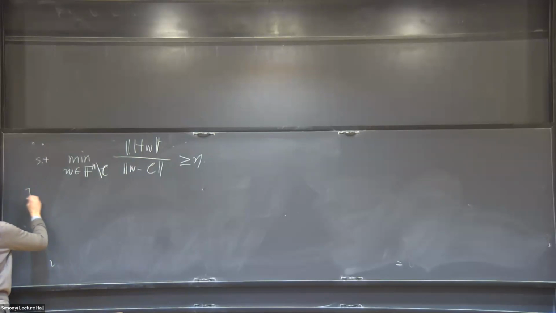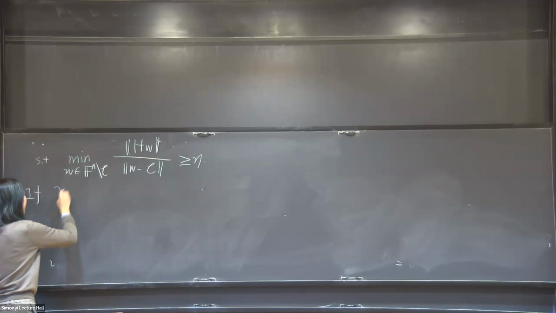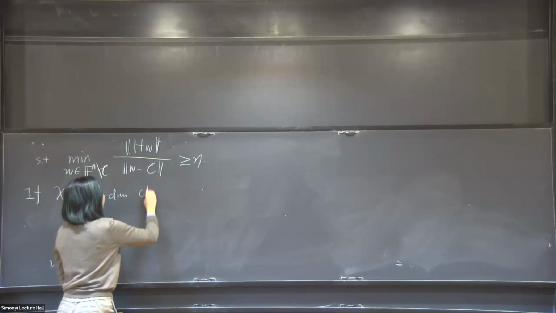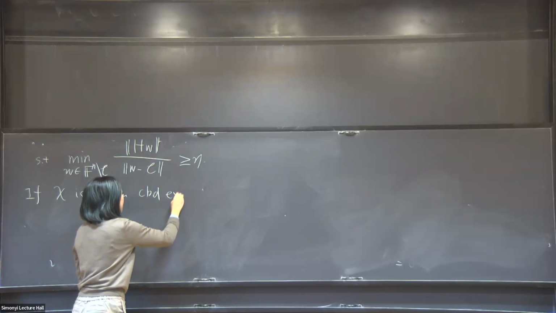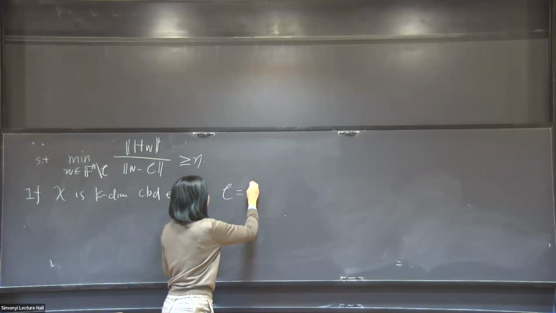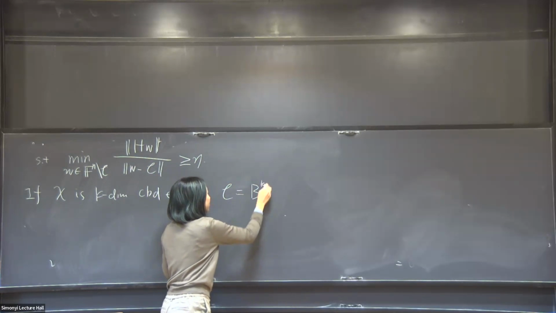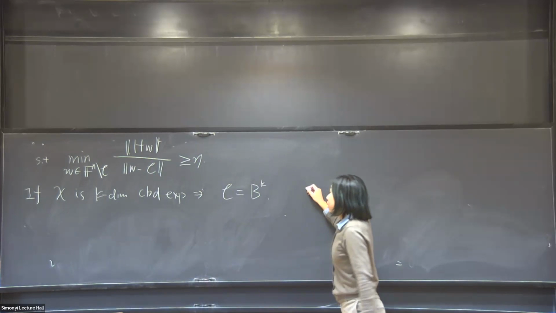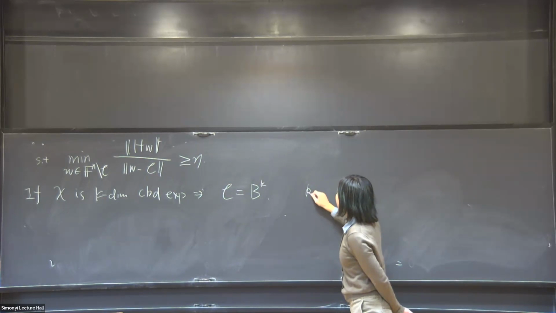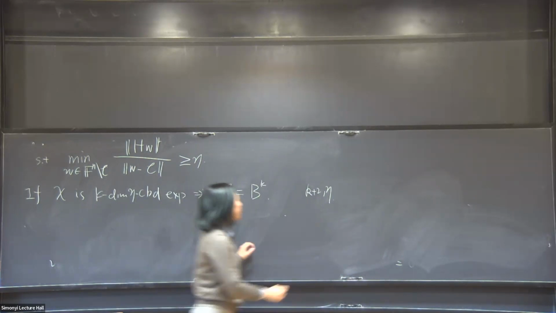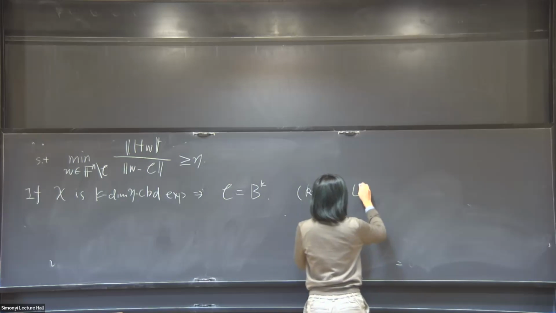So syntactically, we can see this is already pretty close to coboundary and cosystolic expanders. So if chi is a k-dimensional coboundary expander, then we can set this C to be equal to B^k, right? And then we will get a (k+2, eta)-locally testable code, if eta is the coboundary expansion parameter.